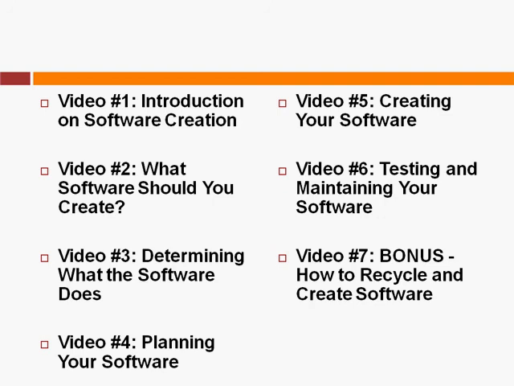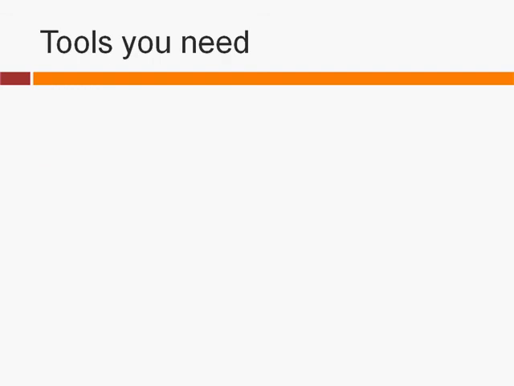Now that you understand the overview and what we're going to talk about, let me move on to talk about the tools that you're going to need. You're going to need money. Of course, you're not going to be able to hire a software programmer unless you have money. You need at least $50 to $100, at least. I mean, you could invest $100, $150 to $200.